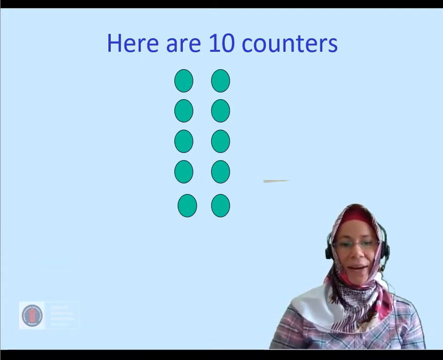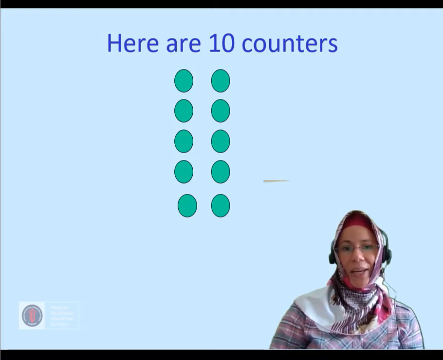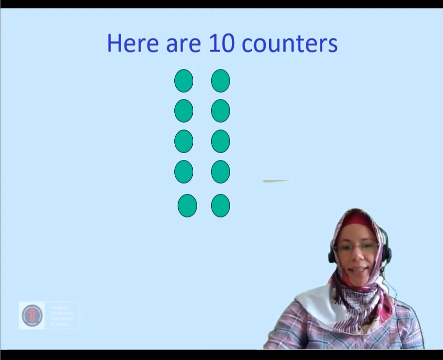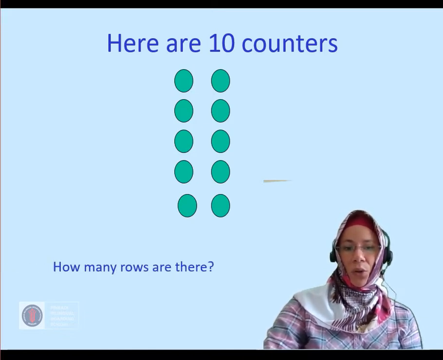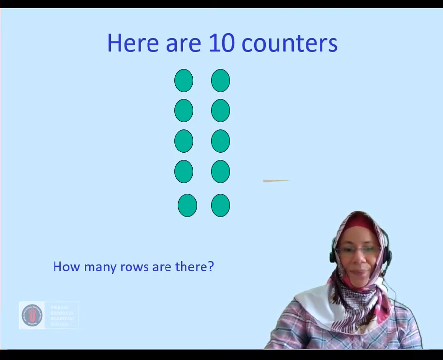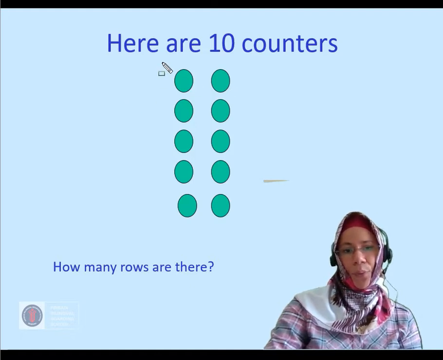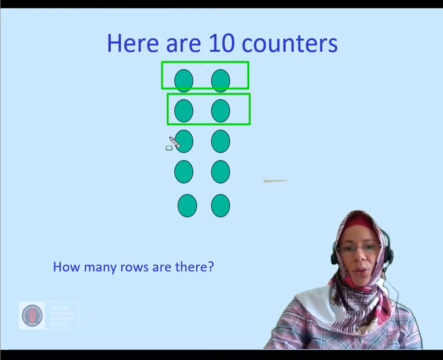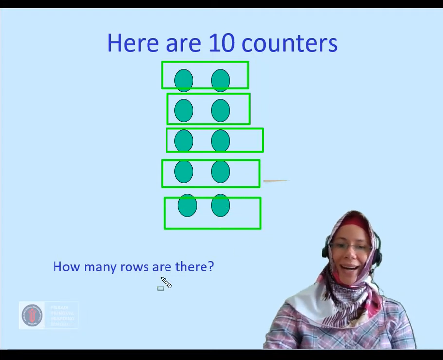Okay, now we have another question. Here are 10 counters. So let's do it together. How many rows are there? Okay, rows left to right. 1, 2, 3, 4, 5.